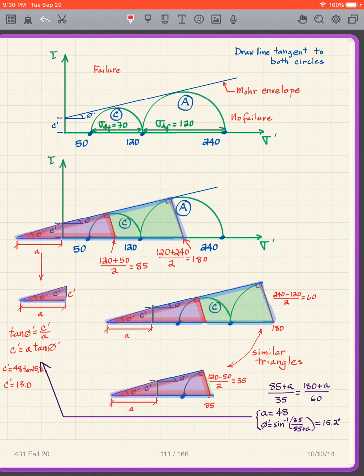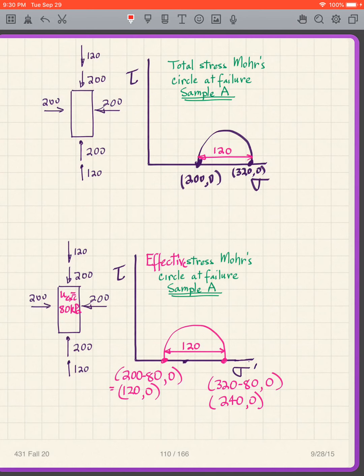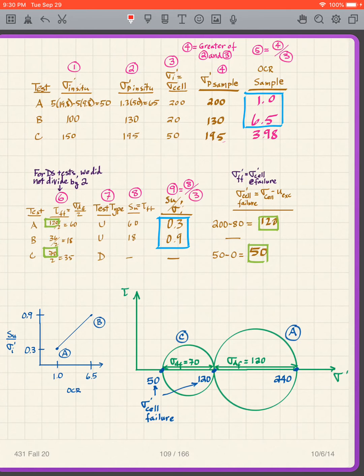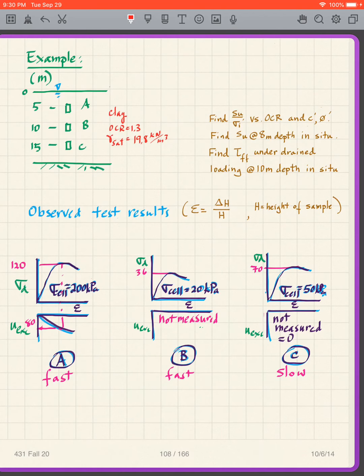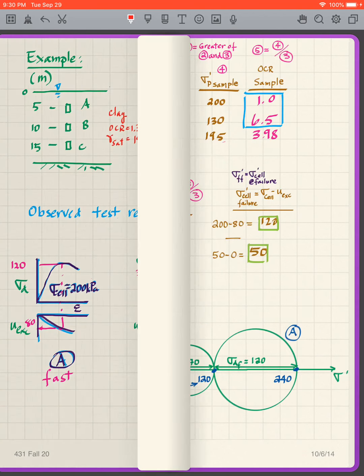The units we're working in, I guess we've sort of dropped the units here, but we know that they're stress units, and if we did everything right, they're kilopascals.